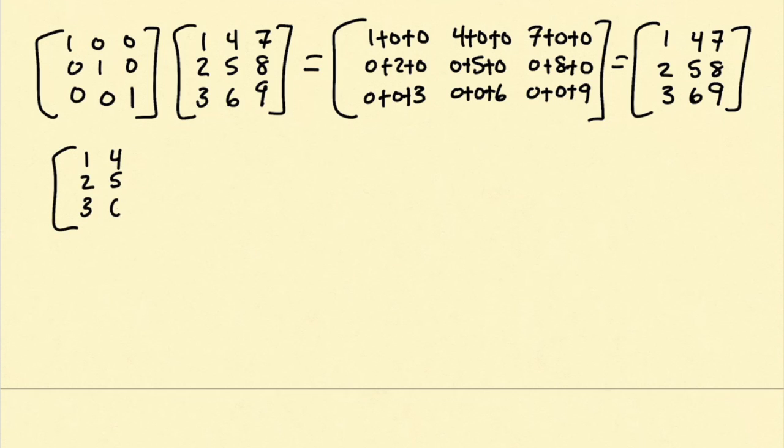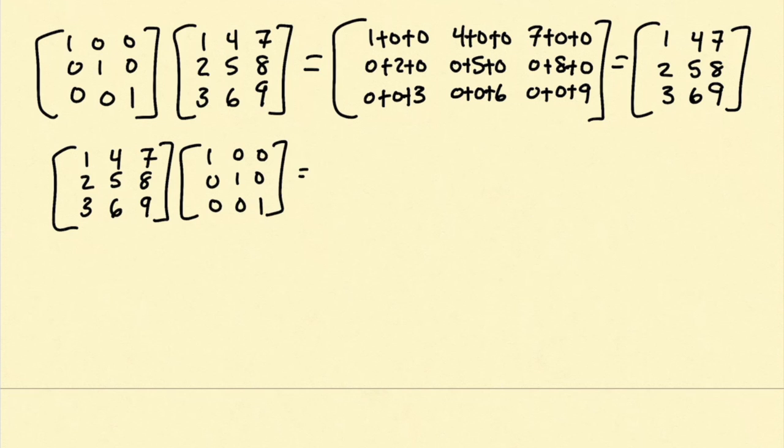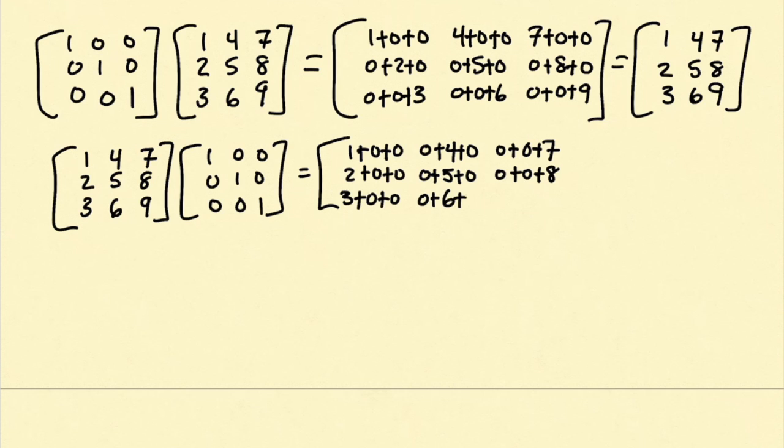Similarly, if we take the same matrix and we multiply it on the right by I, the result is exactly the matrix that we started out with.